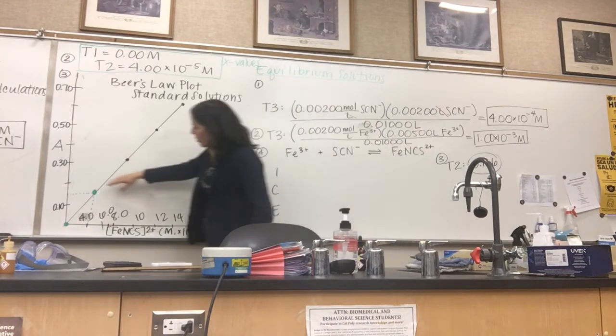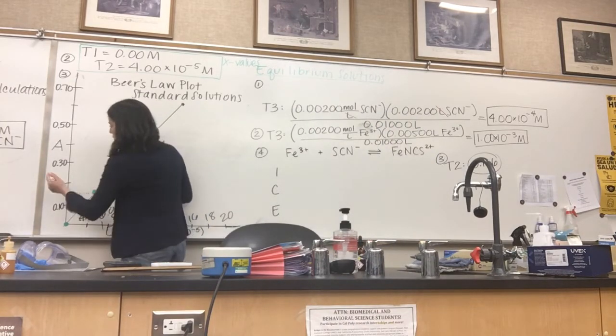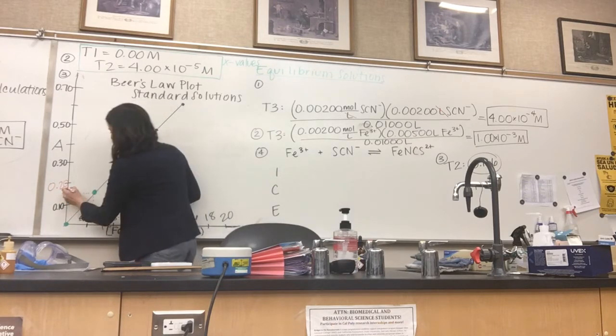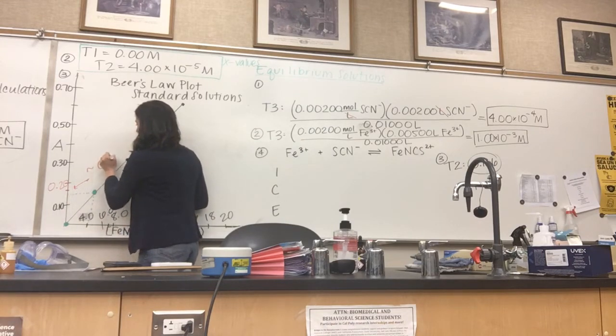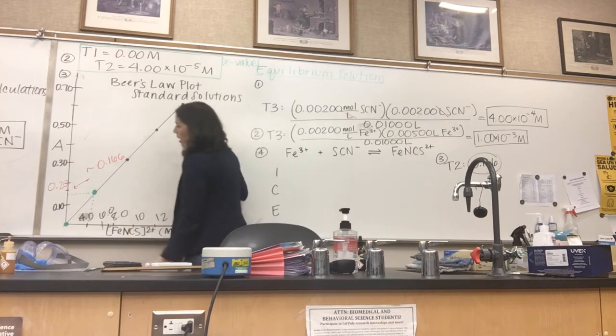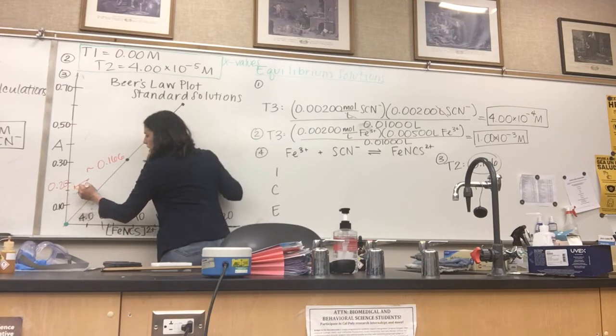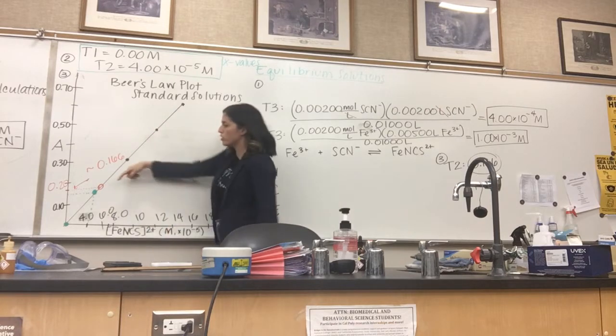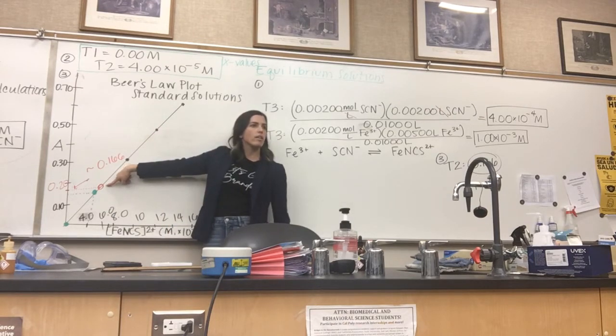Okay, so 0.166, this is 0.2 right here, right? So 0.166 will probably be around here. So I'll say this right here is approximately 0.166. I'm just going to dot out or use a ruler to see where this corresponds on your trend line.